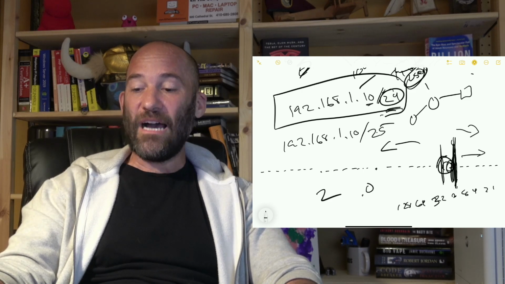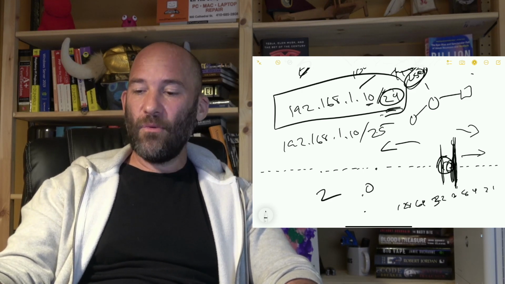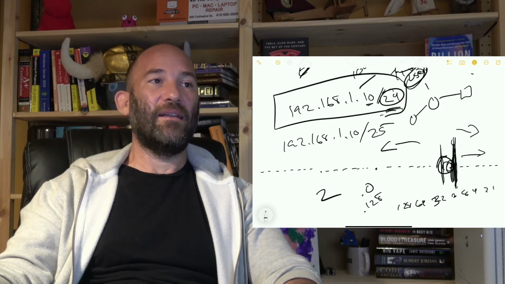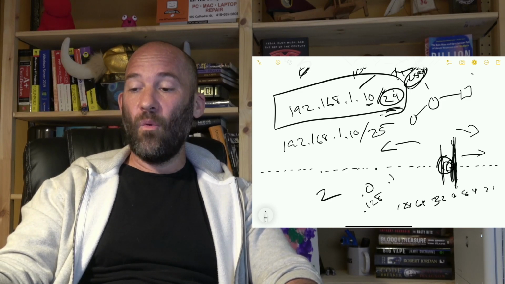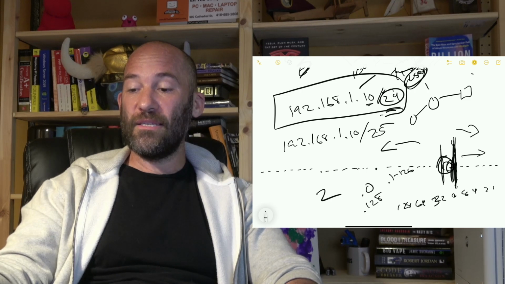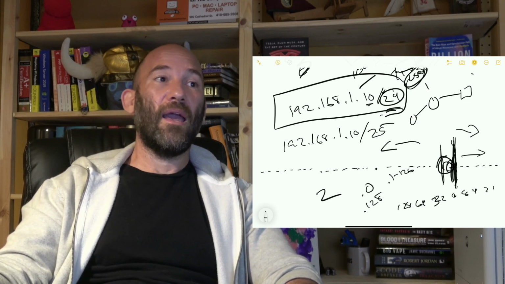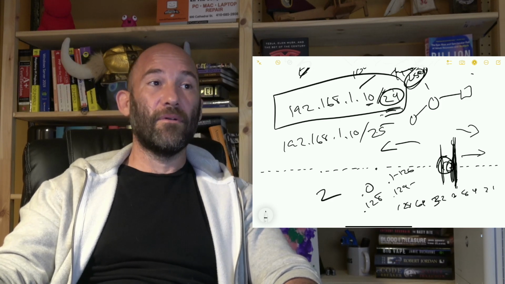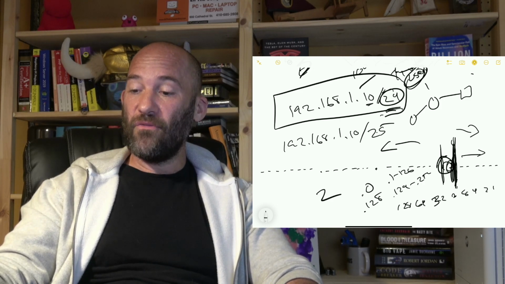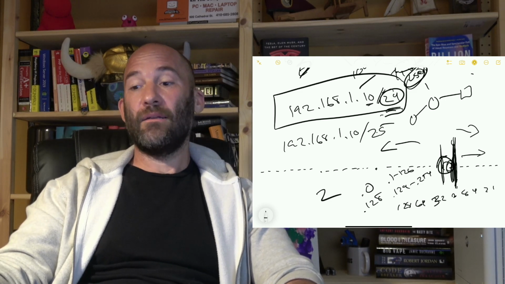So then we have a .0 network, and we have a .128 network. So with this, essentially you get an IP address range of .1 through .126 for the first network, and you get an IP address range of .129 through .254 for the second network.